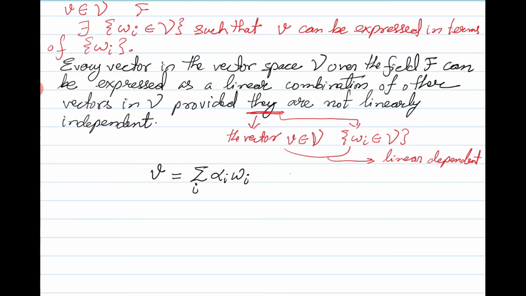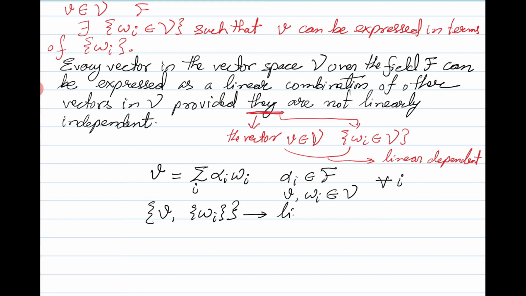Here alpha i's will belong to the field F, V and Wi belong to the vector space V for all i, and the set V and Wi is a linearly dependent set.